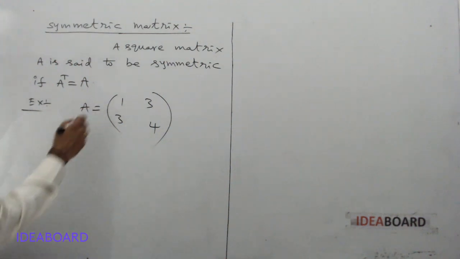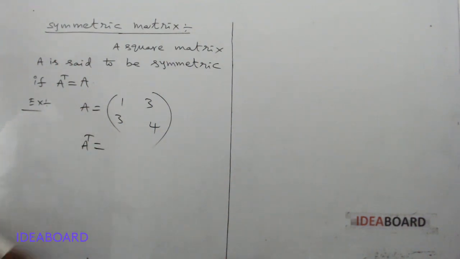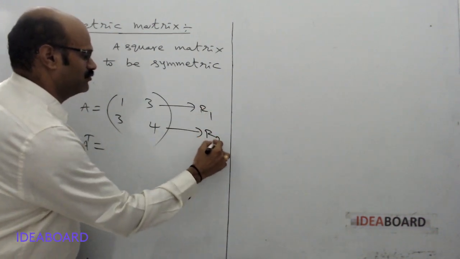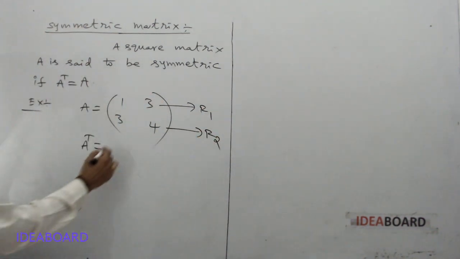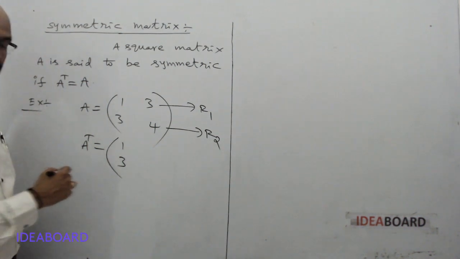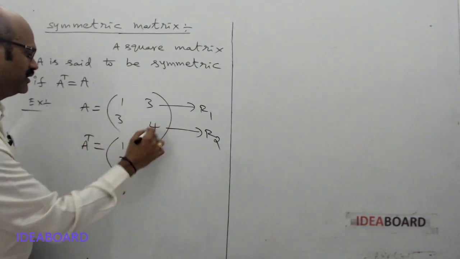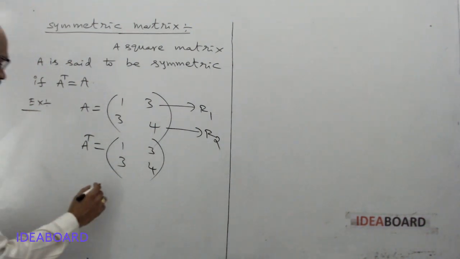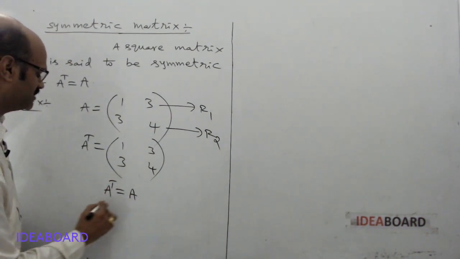Now, the transpose of this one equal to, this is R1, this is R2. Write R1 into C1: 1, 3. Now here, R2 into C2: 3, 4. It implies, here we say that A transpose is always equal to A.